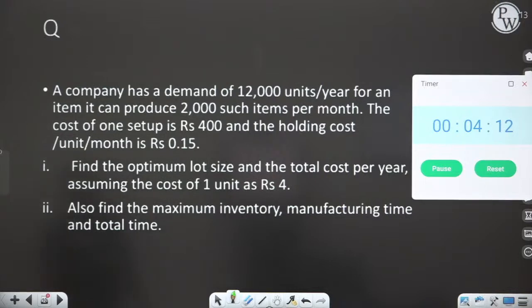Find the optimal lot size and the total cost per year, assuming the cost of 1 unit as rupees 4. And you also have to find the maximum inventory.